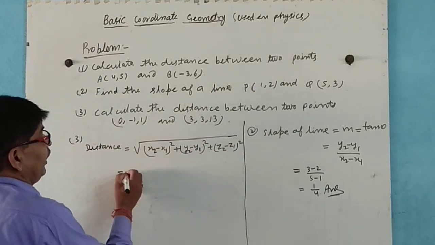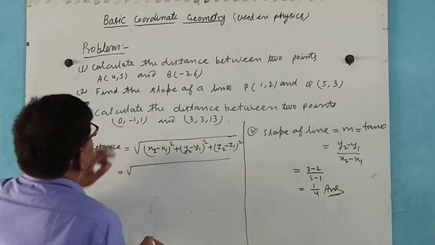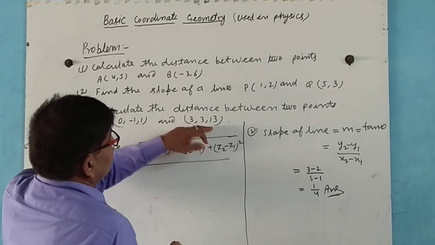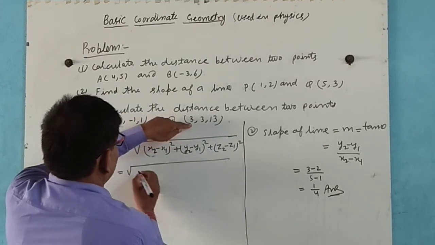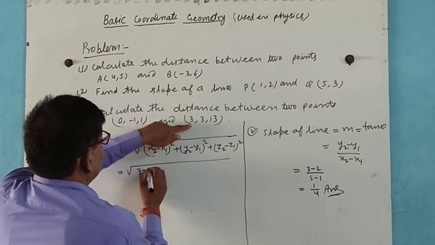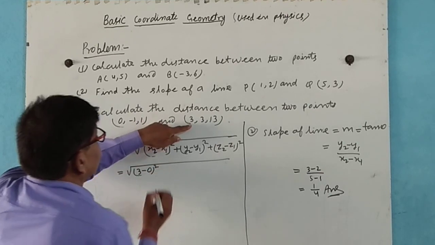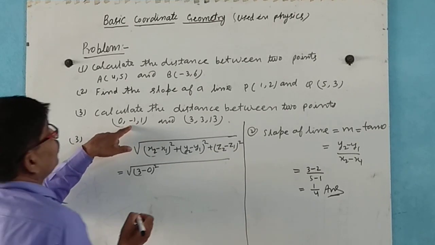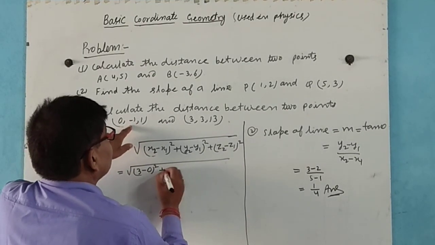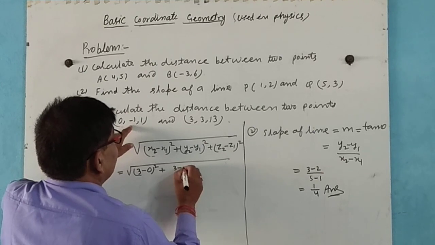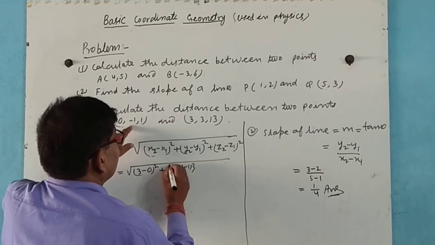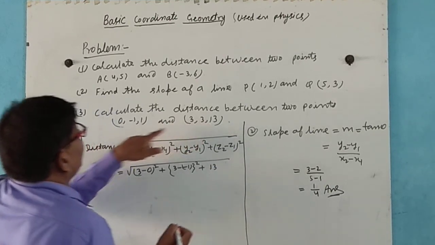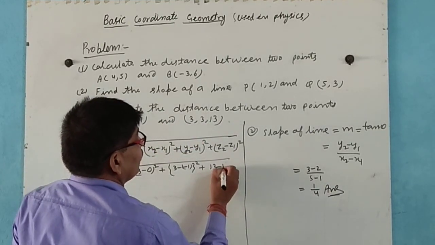Now putting the values of x1, y1, z1, x2, y2, z2: x2 is 3 minus 0 square, y2 is 3 and y1 is minus 1, 3 minus minus 1, z2 is 13 minus 1, z1.